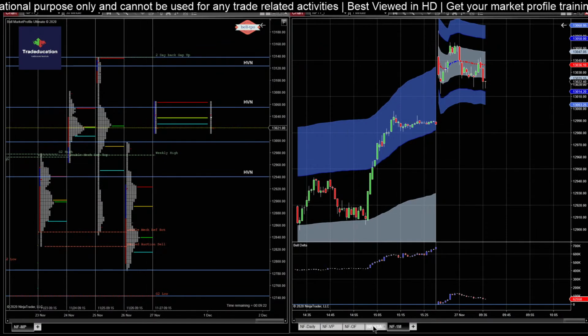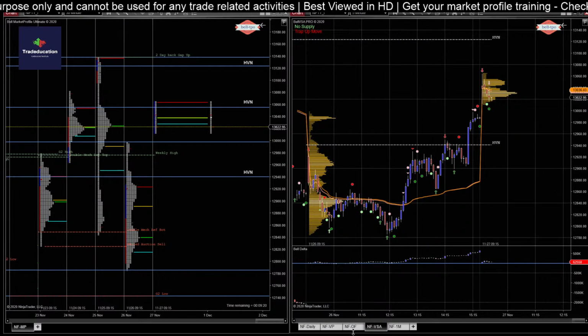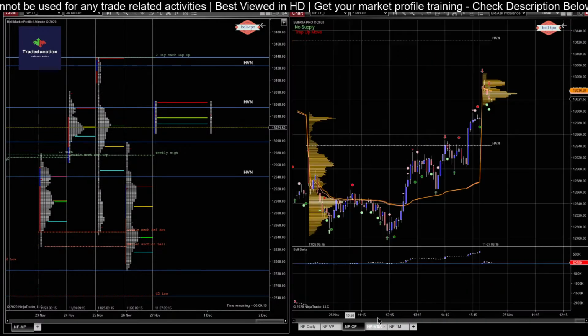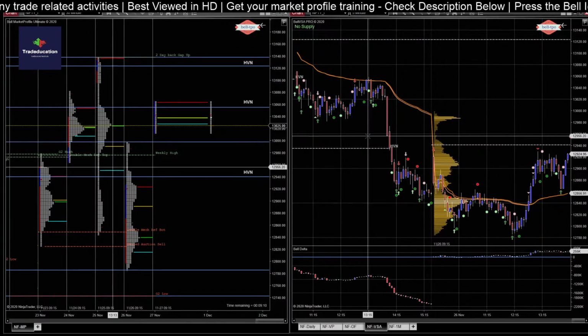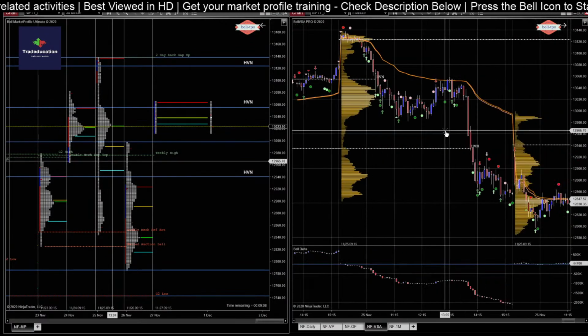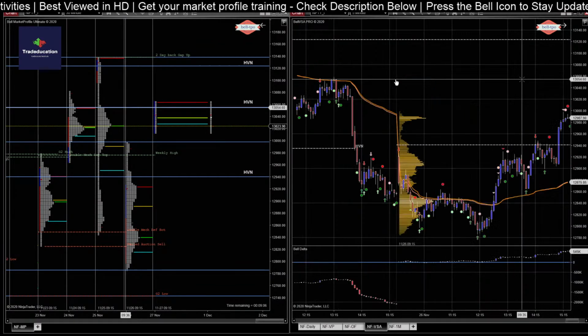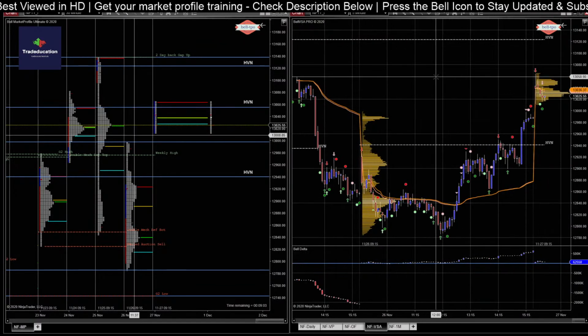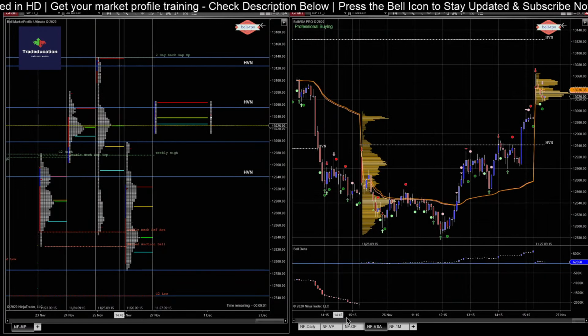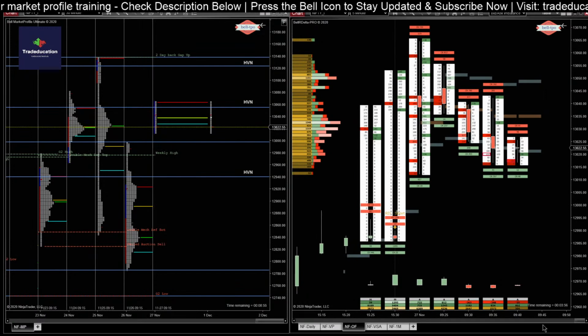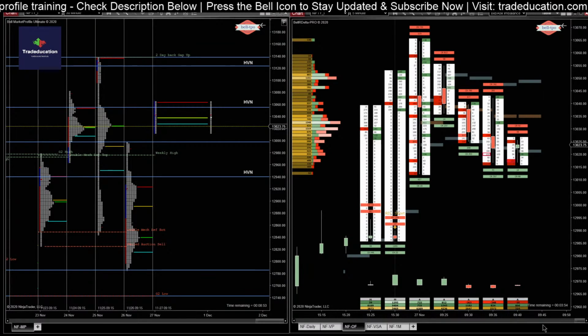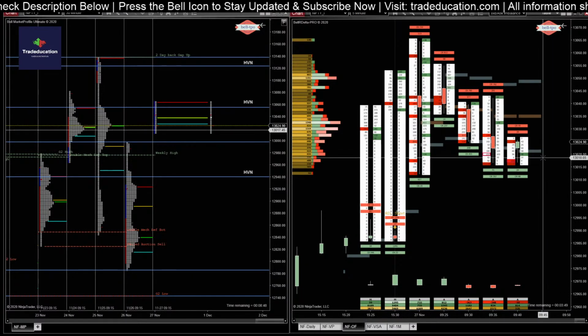And buyers are stepping in. So doji candle is getting formed.